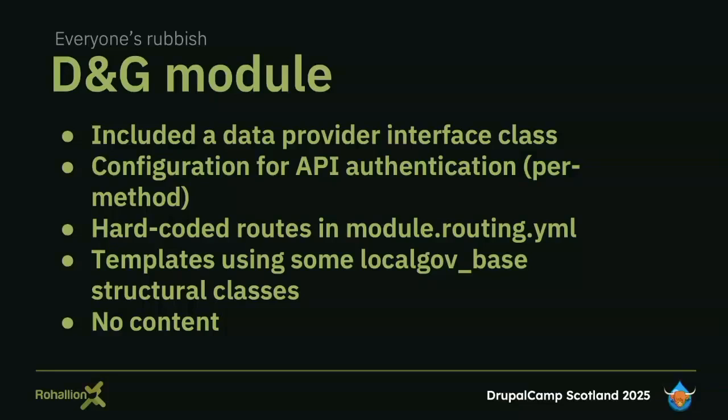The templates use some LocalGov-based structural classes for the grid system. Other than that, I did follow the same BEM paradigm that LocalGov uses, so that was quite useful as well. There's no database content involved in this module at all in its form for Dumfries and Galloway.